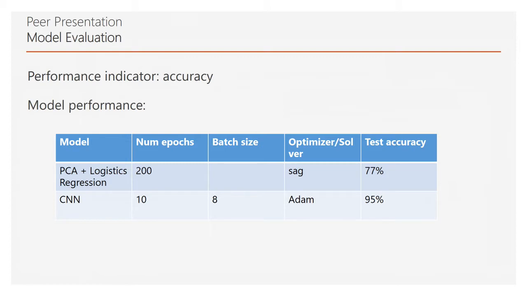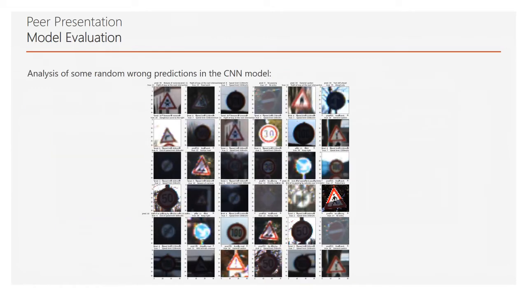Considering that this is a use case that must be used in a self-driving car and there are lives at risk, maybe we can think that 95% accuracy is not good enough. We analyzed some random wrong predictions of the convolutional neural network in the test dataset, and we saw that a significant part of the wrong predictions were even harder for a human to predict due to the low quality of the images, as you can see in this slide.